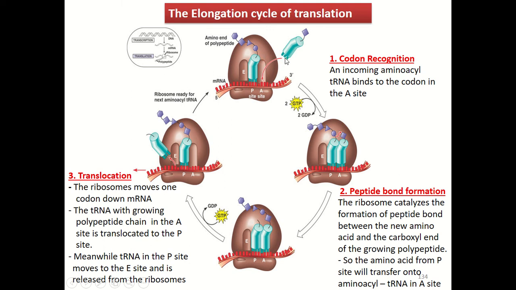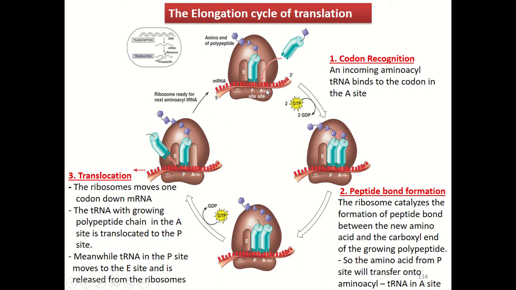They bring the anticodon, in which the anticodon will bind to the codon in the mRNA at the A site. Why do they go to the A site, not the P site? Because the P site is full with another tRNA in the parking site, so they will go directly to the A site.